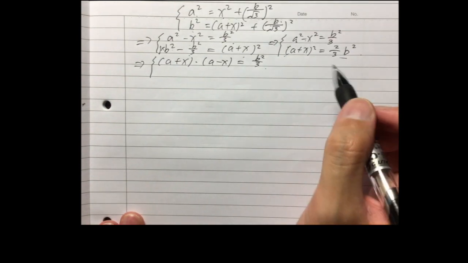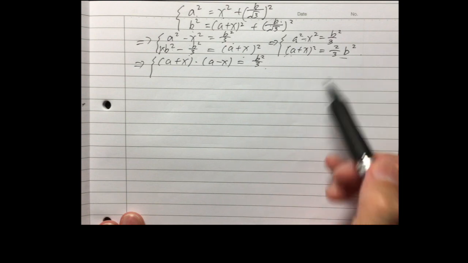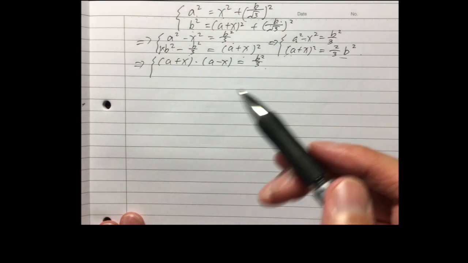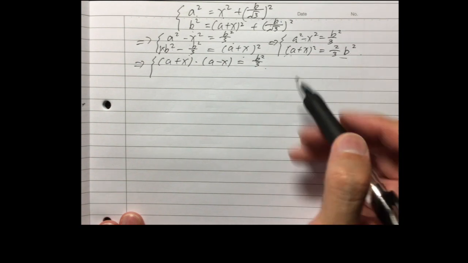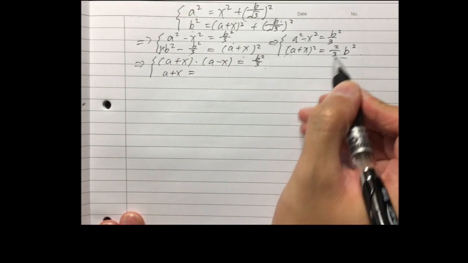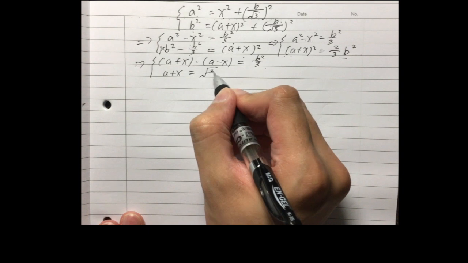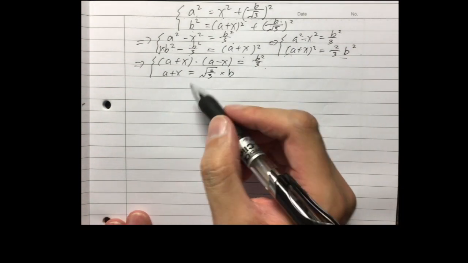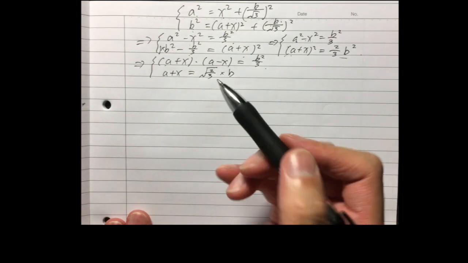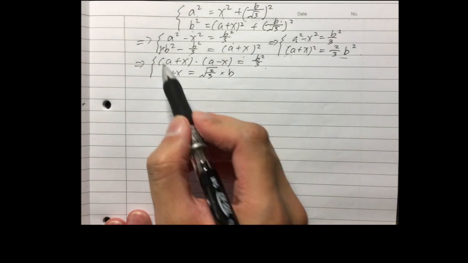For this part, as long as we know that x, a, and b are all positive numbers because they are just lengths, we just take the square root of both sides. We get a plus x equals square root of 2 over 3 times b. And a plus x, so we can just directly substitute this thing with this part.